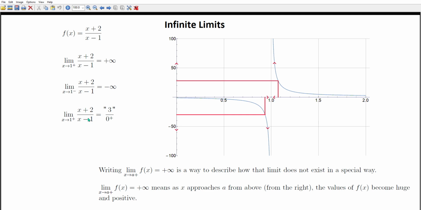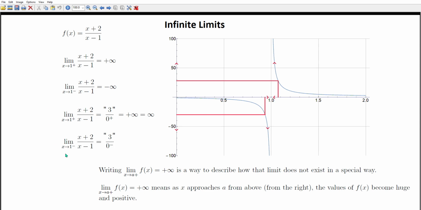But what's important down here is x is a little bigger than 1, which means that x minus 1 is a little bigger than 0. So the thing on the bottom is positive and very close to 0. You take a positive number, divide it by a very small positive number, you get a huge positive number, and that's what the plus infinity indicates here.